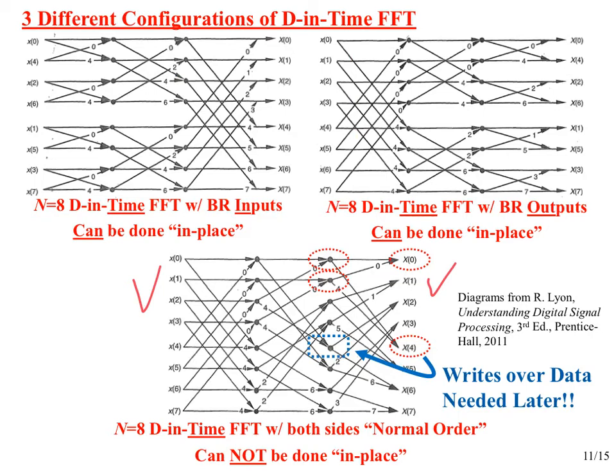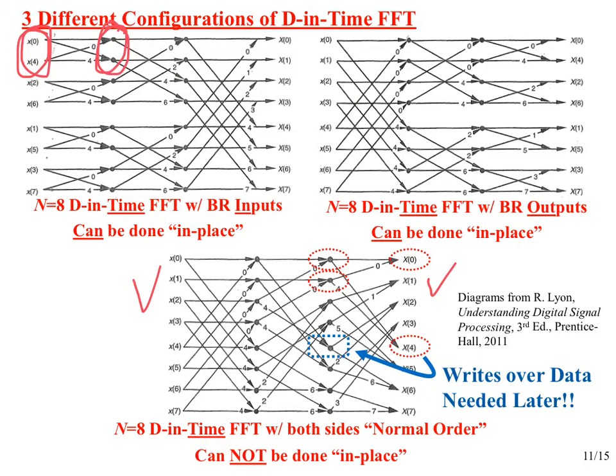Well, here's the deal. If we look at this, you can see that once we've computed two of these things, if we take x0 and x4, we talked about in place. The only place those things are going to impact are those two numbers. So once I compute these two numbers, I'm free to store them back in this place.